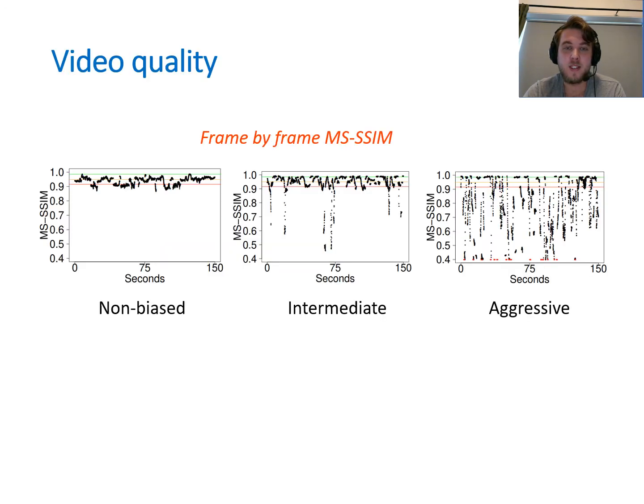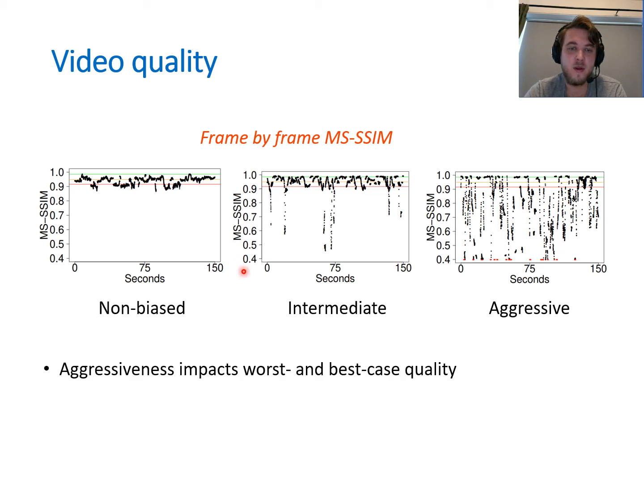And so here we can see the video quality frame by frame for multi-scale structural similarity for the three algorithms. And we can see that aggressiveness impacts worst and best case quality. Here you can see the higher values for the intermediate and aggressive algorithms, but also the lower values as well.